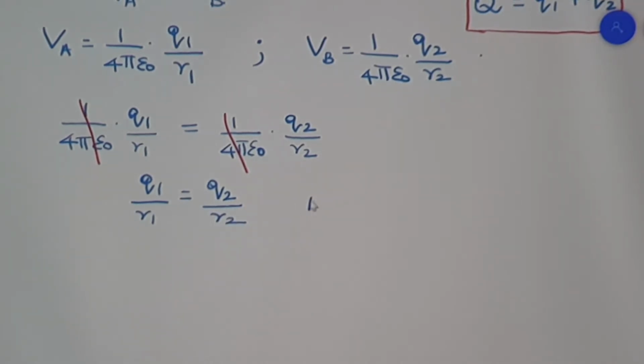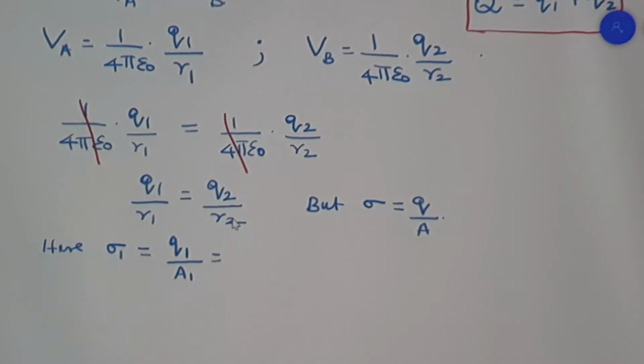But as we know, the surface charge density is charge per unit area. So here I can write sigma 1, the surface charge density for the first sphere. Sigma 1 is equal to Q1 divided by the area A1.